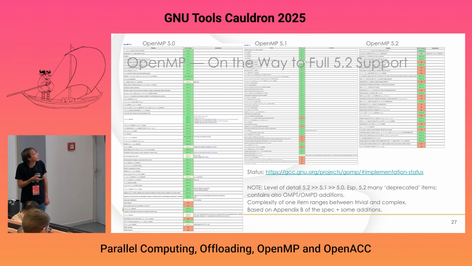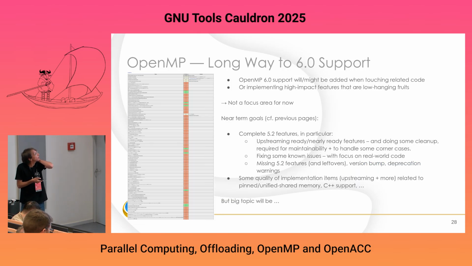It's a bit misleading because the level of detail on the left for 5.0 is much coarser than on the right. And for 5.2, it also has many lines in red, which are deprecated. Since we don't do the version bump yet, they remain. Otherwise, it looks like we have most of 5.0 and 5.1 implemented, except the tooling support for tracing and special debugging support.